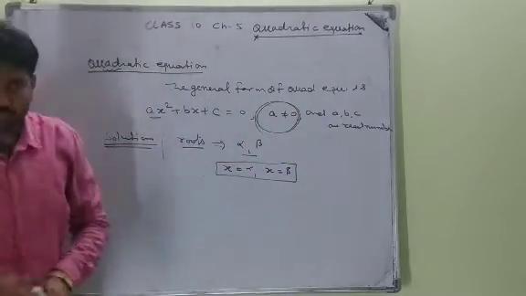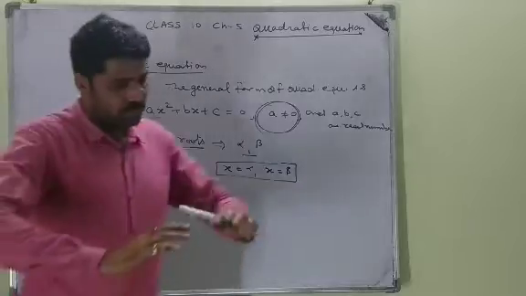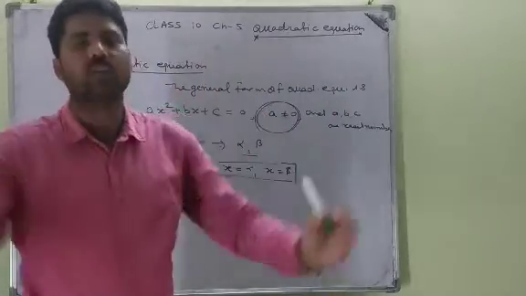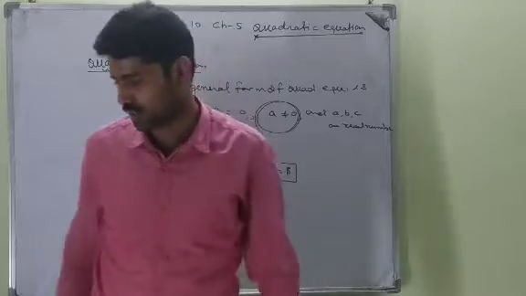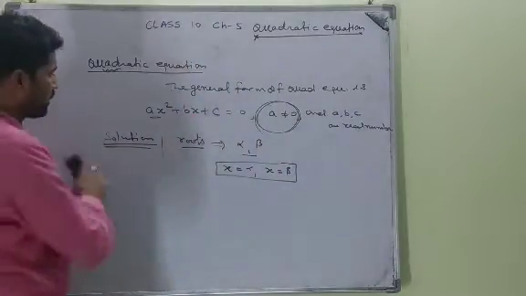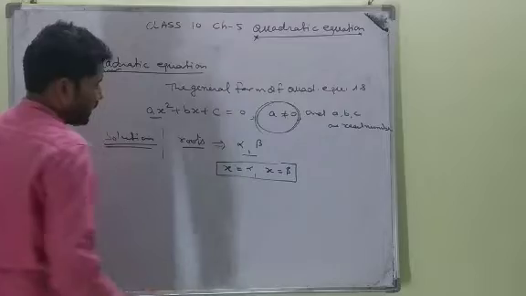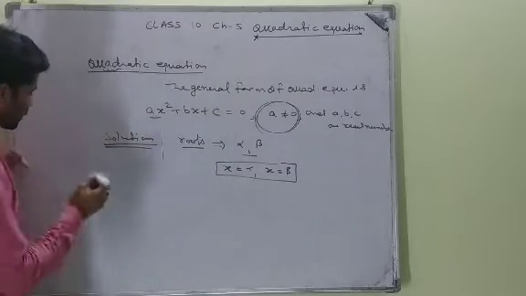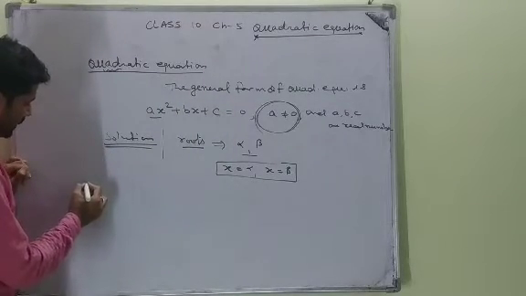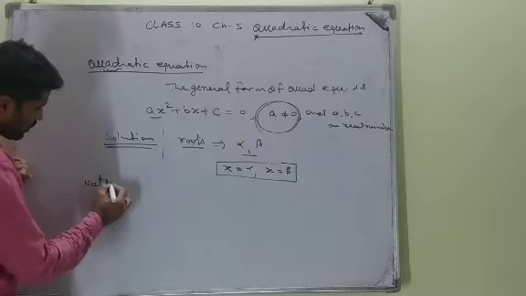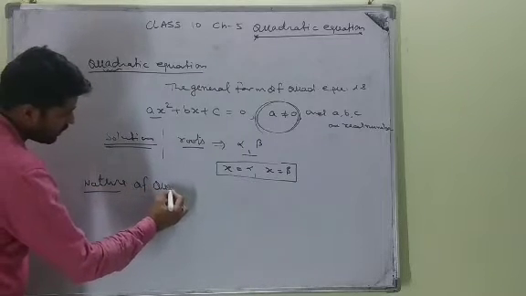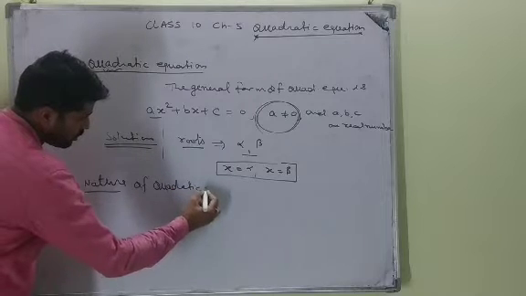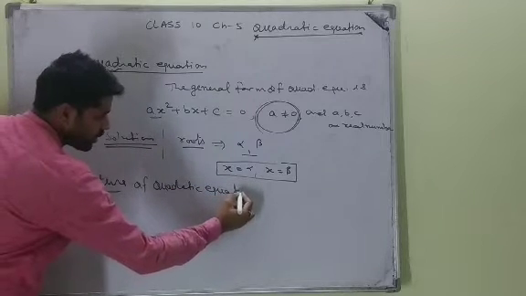Now, in today's lecture, we will clarify the whole concept related to quadratic equations. We will not discuss any question. Okay, so please be attentive. Now, what is the nature of a quadratic equation?